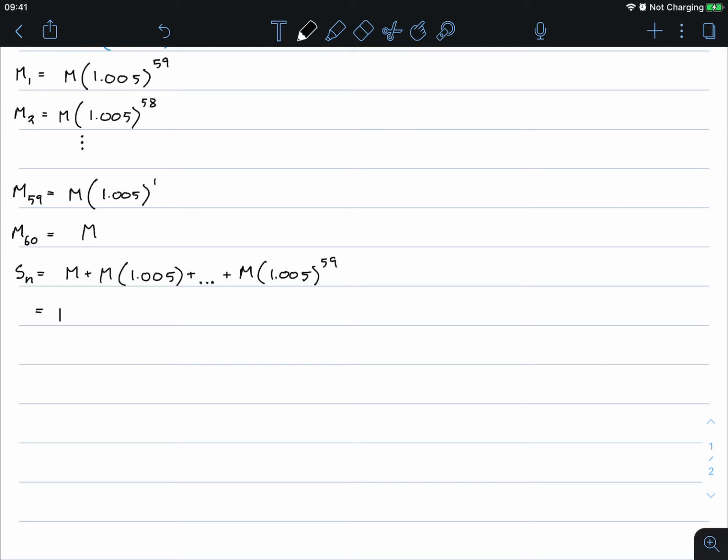Factoring the value of M, we get 1 plus 1.005 plus all the way to the very end, which is to the power of 59.